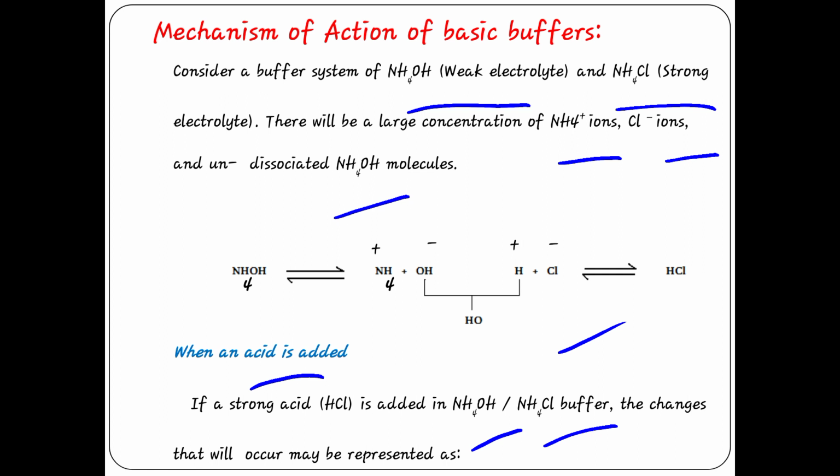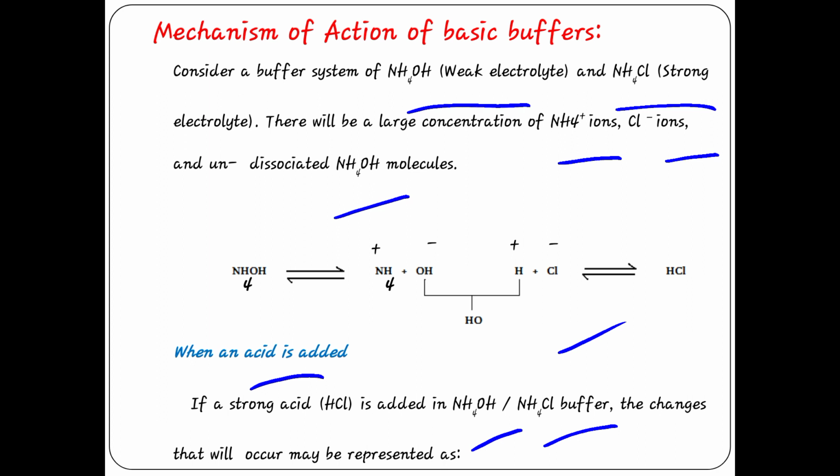When a small quantity of strong acid HCl is added, it dissociates into H plus and Cl minus ions. This H plus ion concentration is decreased because they react with the OH minus ion to form water, H2O. These are the reactions when acid is added.